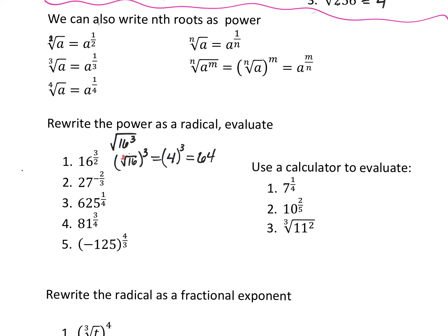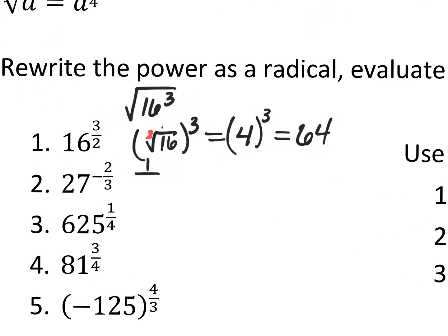Okay. We have 27 to the negative 2/3 power. Does the negative exponent make it negative? No, the negative exponent makes it a fraction, right? So this becomes 1 over, let me zoom in so I can write it bigger, 1 over 27 to the 2/3. 3 is our denominator, so 3 is the root, the cube root of 27 squared.